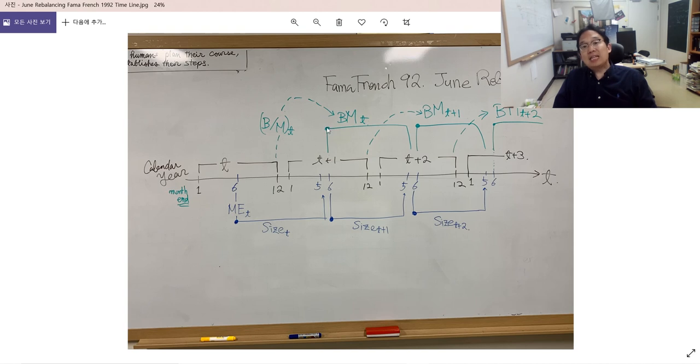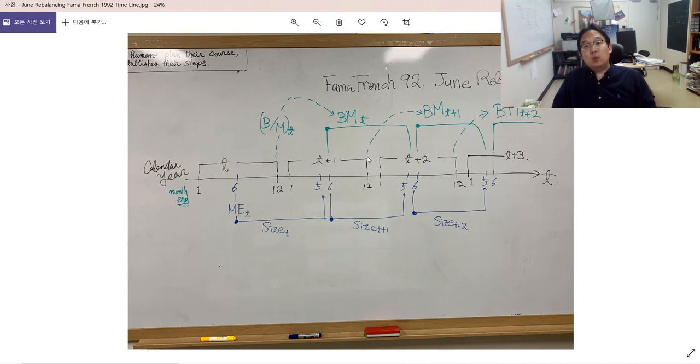We just give them enough time, and then it lasts 12 months until the end of May of T plus 2, which is 2021. By June of the year T plus 2, what do we do? June is rebalancing time, based on the book to market ratio of T plus 1 that was set about 6 months ago.